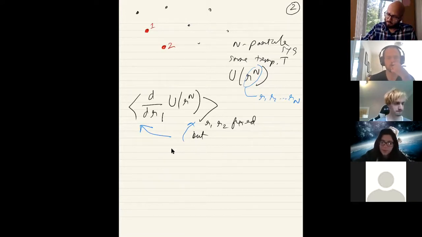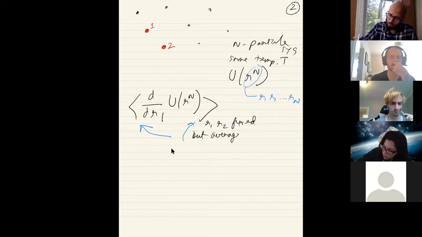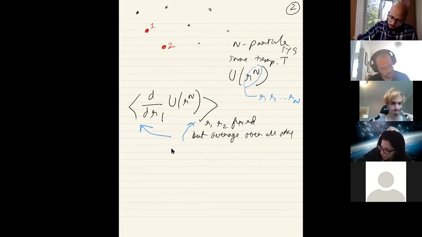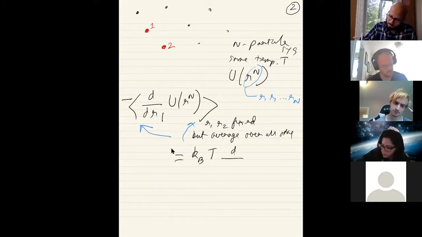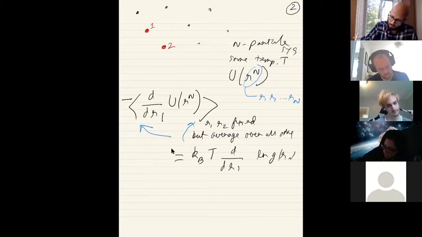This means that we have kept r1 and r2 fixed, and we average over all others. So this is the mean force experienced between these two particles, and this came out to be equal to kBT d/dr1 ln g(r1, r2).